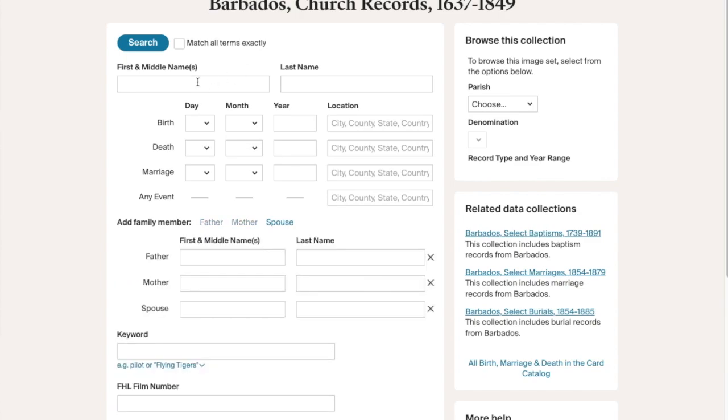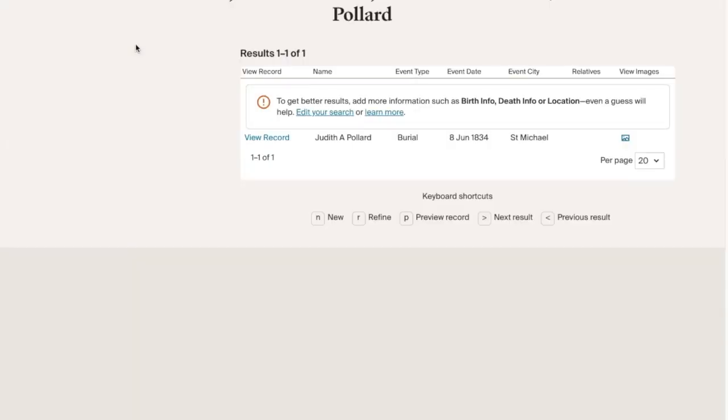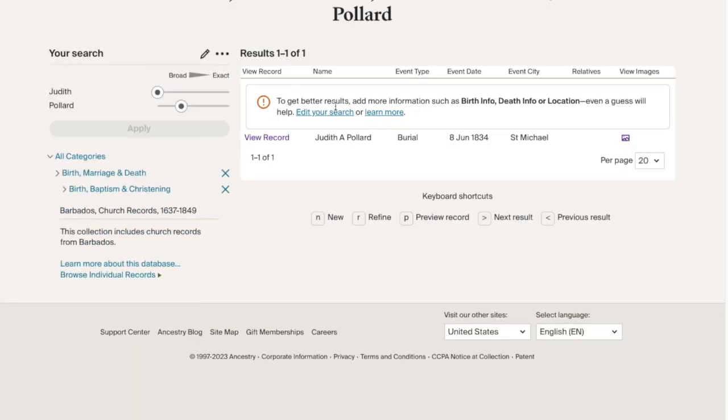And in fact, let's search for that Judith Pollard, who most likely was his wife, but let's just check and see if that is the case. Usually the wife would be the person, and here we have a record of her being buried in 1834.